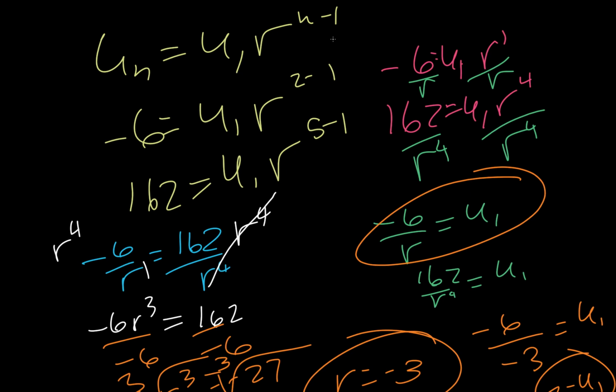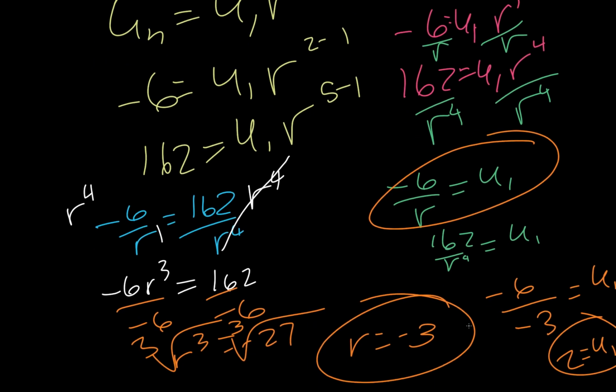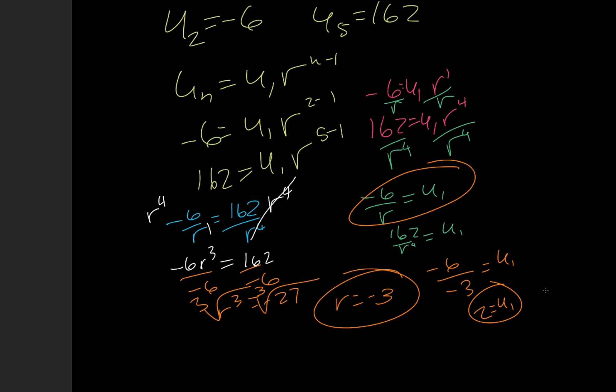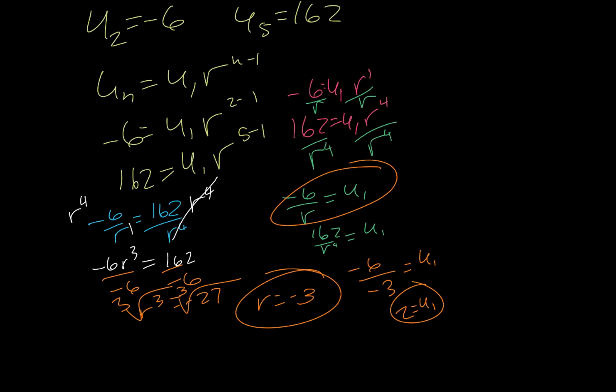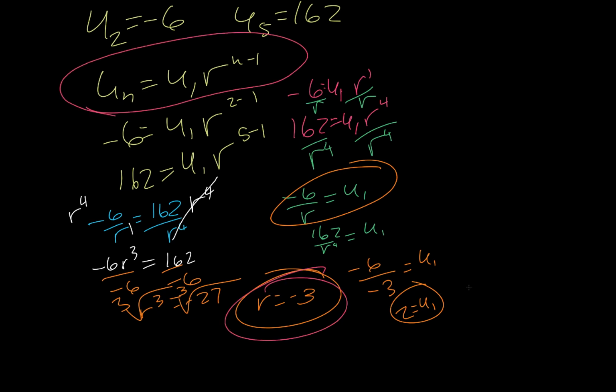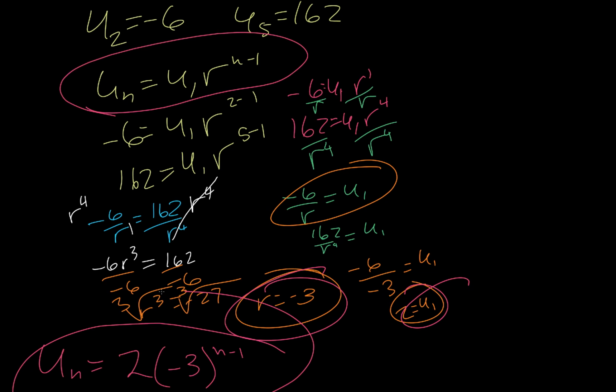And we will just replace it using the stuff we have right now. So u_n equals u_1, which is 2, times r, which is negative 3, to the n minus 1. And that is our general term formula for that one.